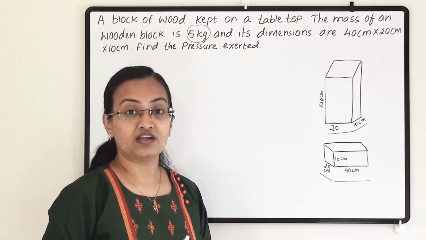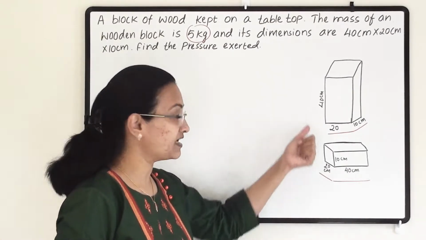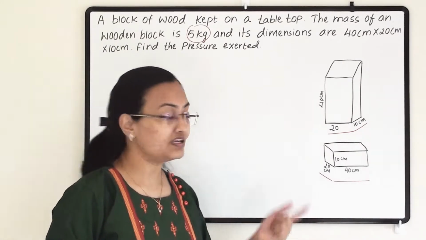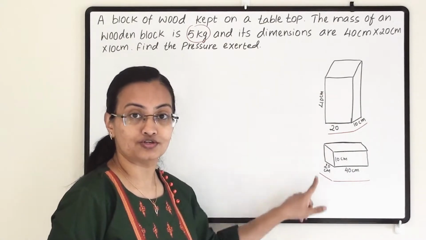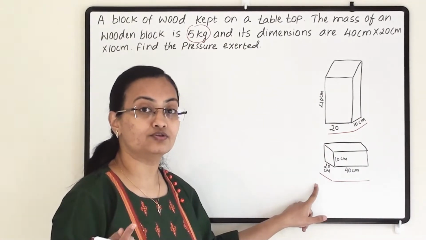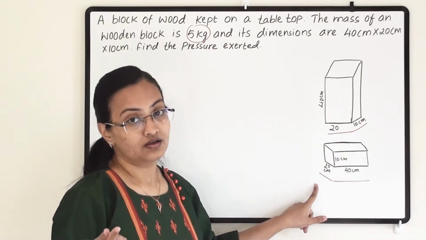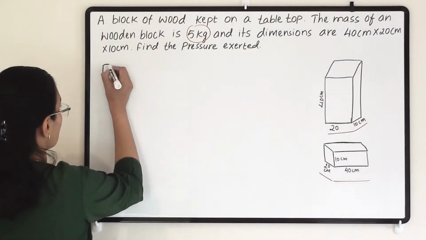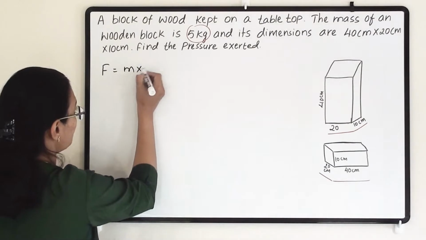First let us find out the force exerted by this wooden block, and then we will find the area for both situations, and then we will calculate which is exerting more pressure. So first we find the force. F equals m into g.